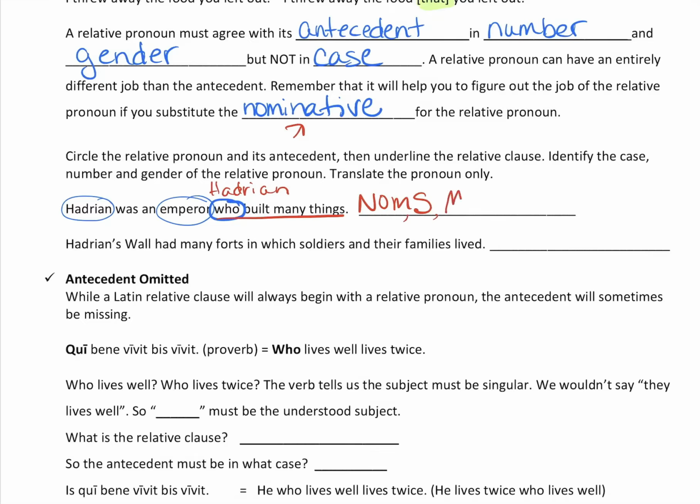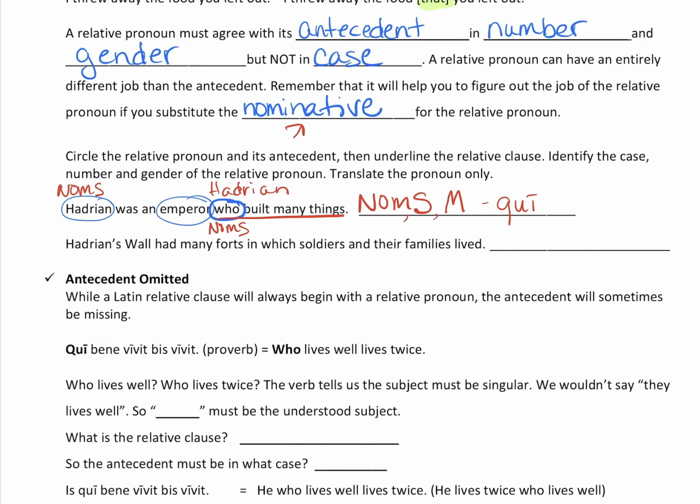It has to be masculine. Okay, there's never a neuter gender for a person. Despite what the world says today, in Latin, people can only be masculine and feminine. So in this case, it actually does match, but it doesn't always. So if you looked at your who, you would know that in Latin, that pronoun is qui quod. Remember, it's the nominative singular.